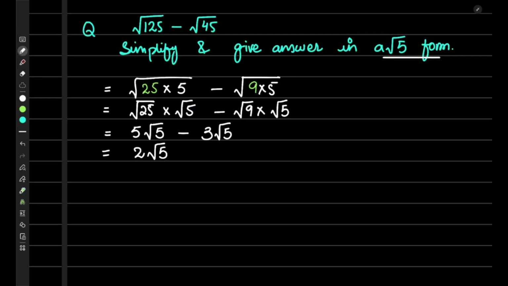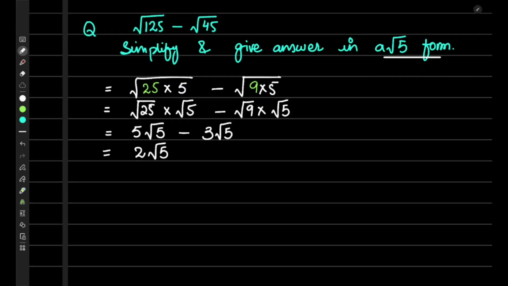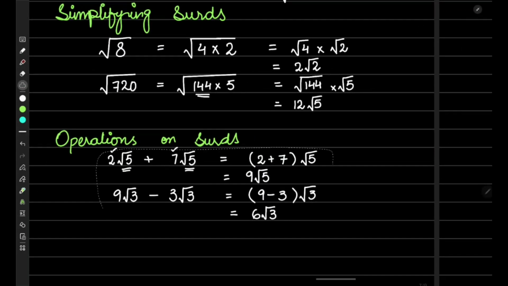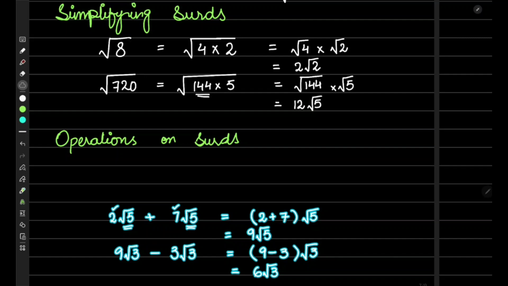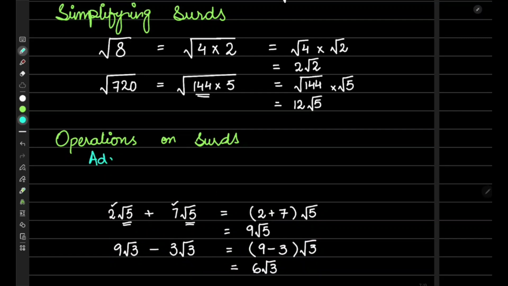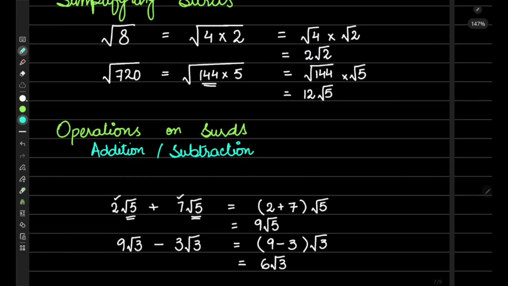Now let's talk about how to multiply surds. This was just addition and subtraction. We can add and subtract if we have a common surd.